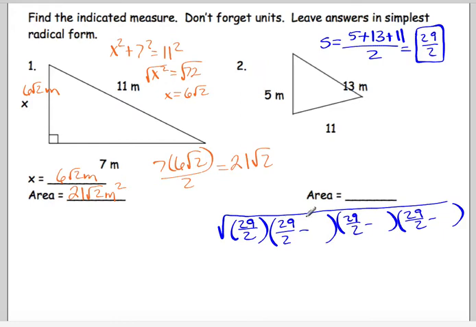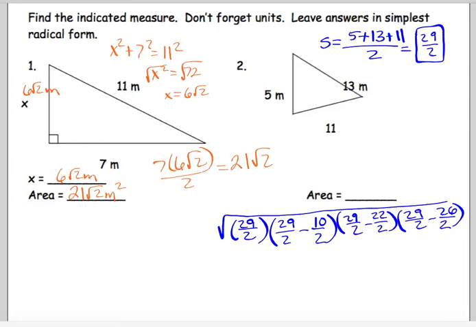And we'll fill in the blank right now. So 5 as something over 2 would have to be 10 over 2, because 10 over 2 is 5. 11 would have to be 22 over 2, because that would reduce to 11. And 13 would have to be 26 over 2 to reduce to 13.